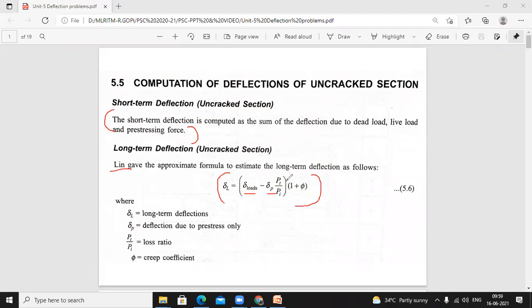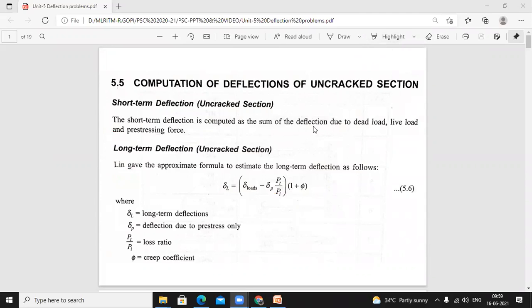PT is the final prestressing force and PA is the initial prestressing force. And phi is nothing but the creep coefficient. This is the formula suggested by Lin.